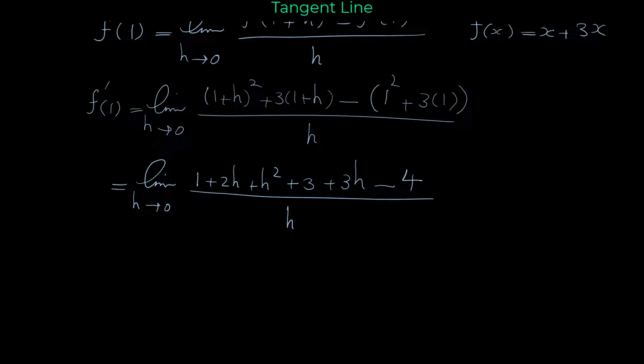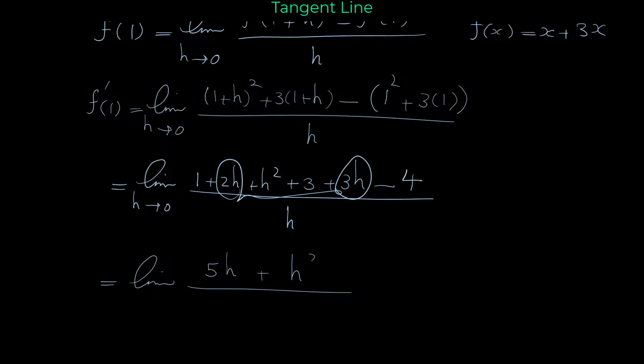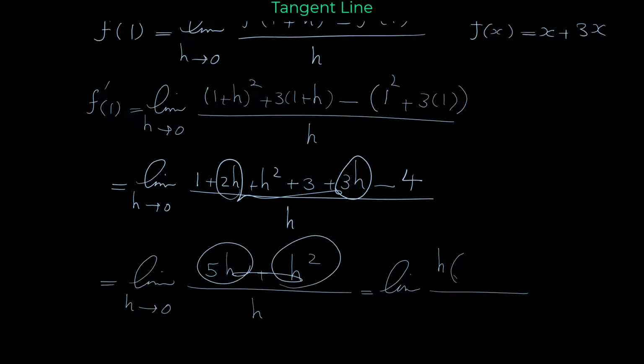So let's see what remains after this. We have the limit of 2h plus 3h, which is 5h, and we have h to the 2, all over h as h approaches 0. Now if we look at the numerator, we can pull out h. If I factor h from these two terms, I have h times 5 plus h all over h as h approaches 0.